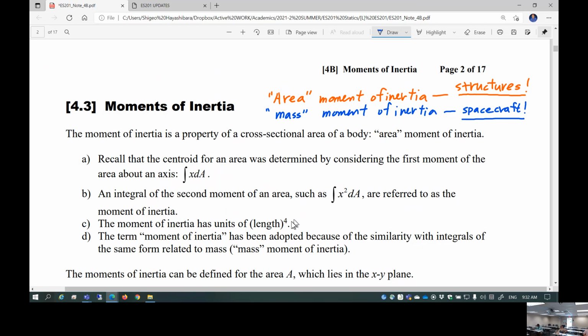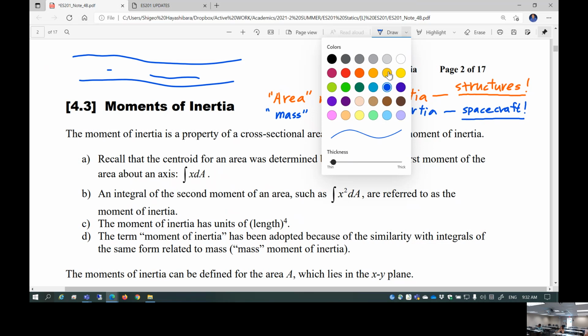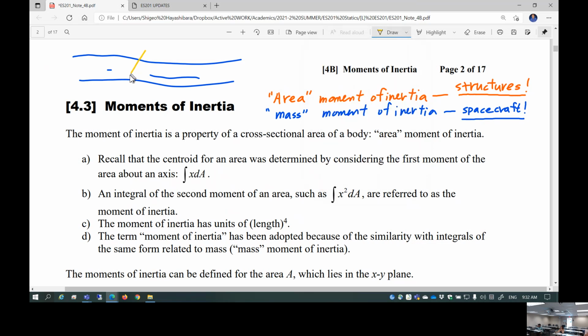One is, if you're looking at the cross section, area. Suppose you pick up a wood plank, and there's a river flowing here, and you want to make a bridge. Oh, I found the wood plank. So I'm going to make a bridge like this.